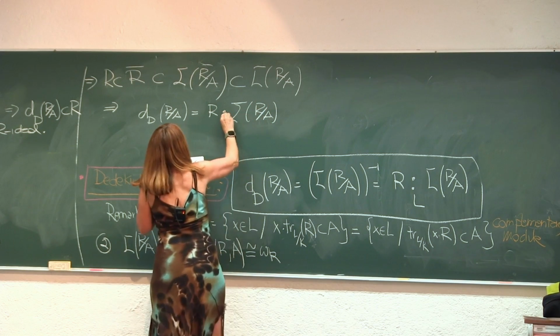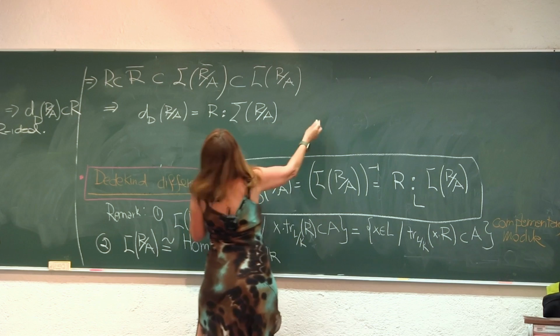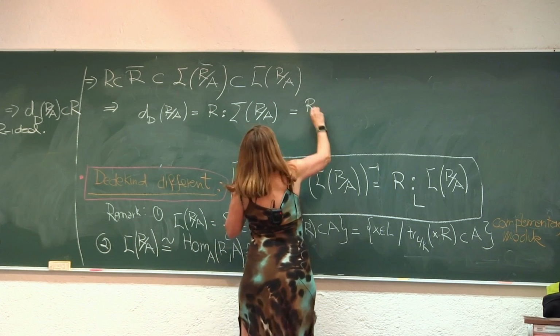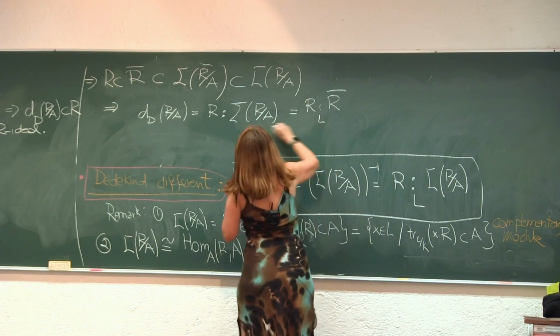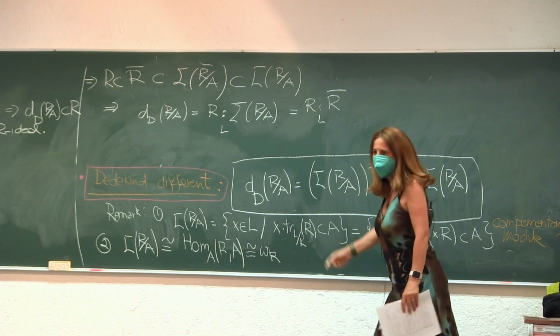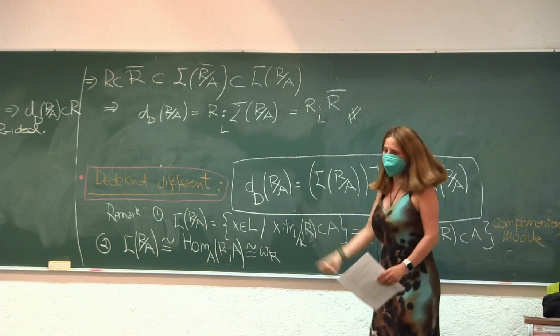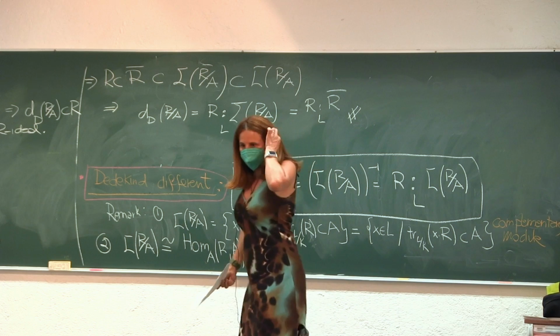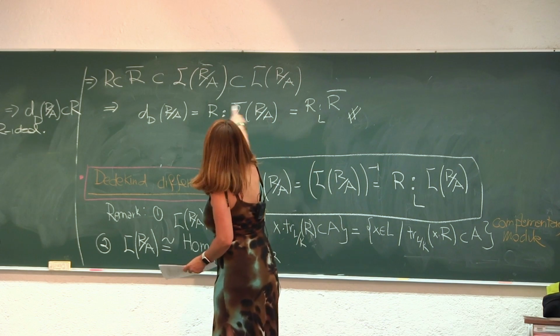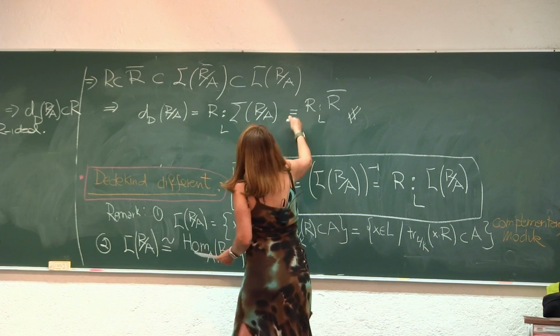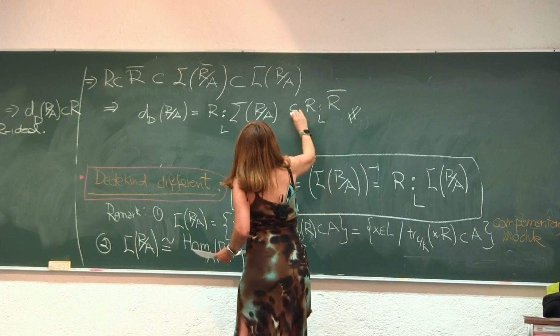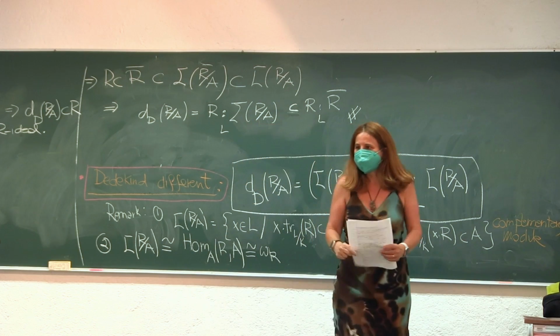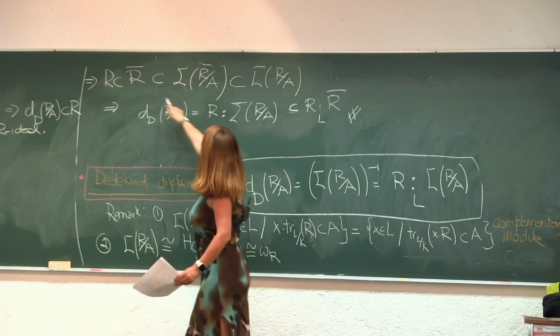And now just take inverse. If you take inverse, you immediately get that the Dedekind different D, remember this is the inverse of the complementary module, but if you take inverse here, you get R colon R bar. Okay? You're done.